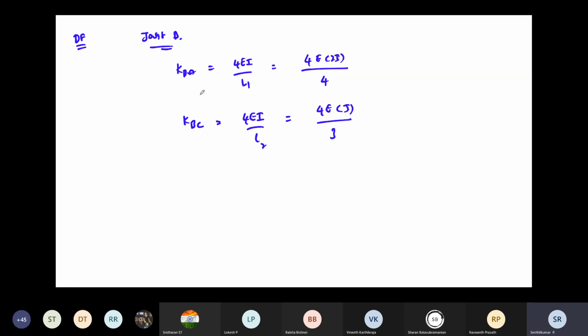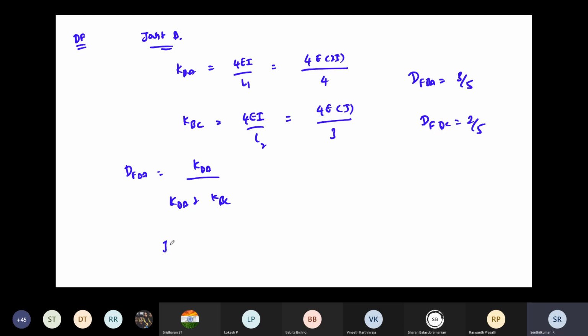So you know how to calculate DF_BA and DF_BC. DF_BA is K_BA divided by K_BA plus K_BC, right? So when you do like that, you will get DF_BA as 3 by 5, then DF_BC as 2 by 5.